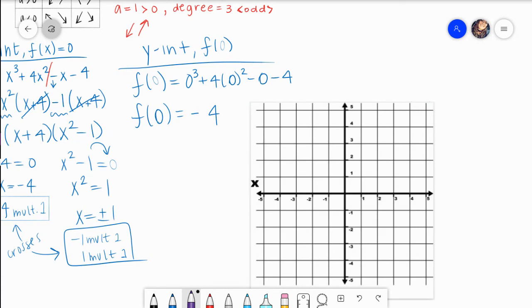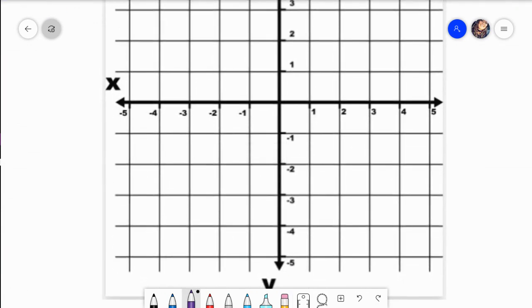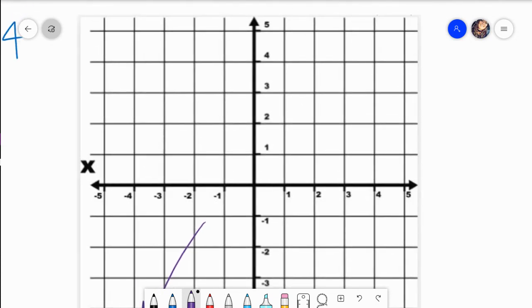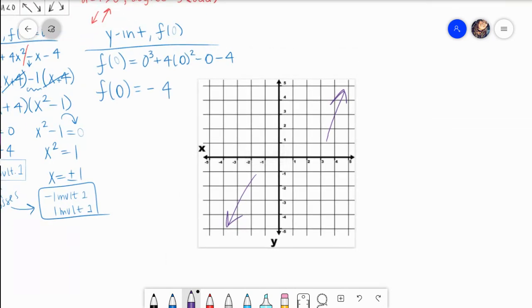I'm falling to the left, and it told me that I'm rising to the right. So I know that that's going to be the end behavior of my graph.